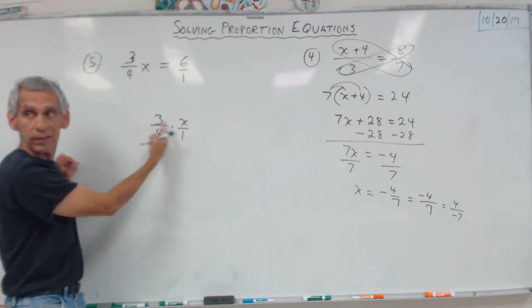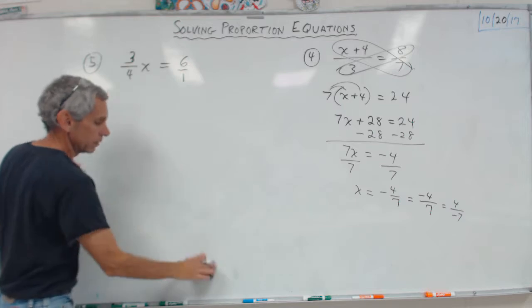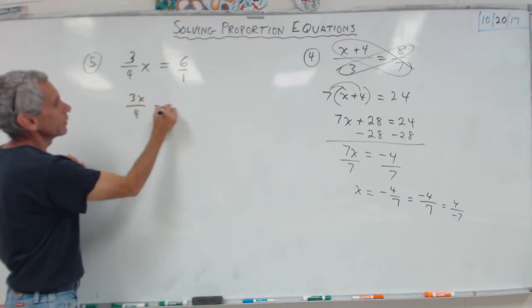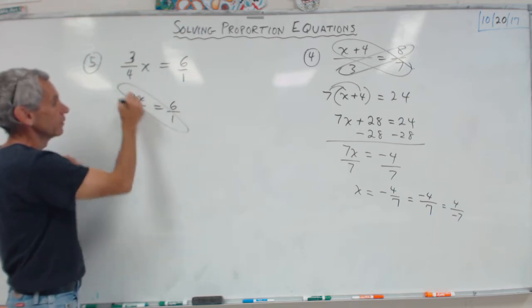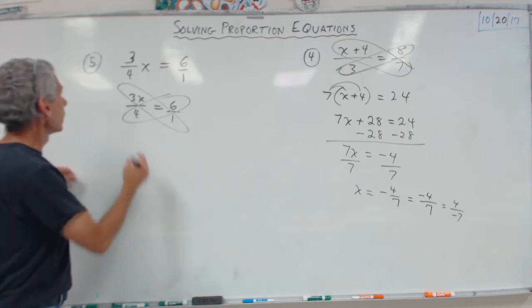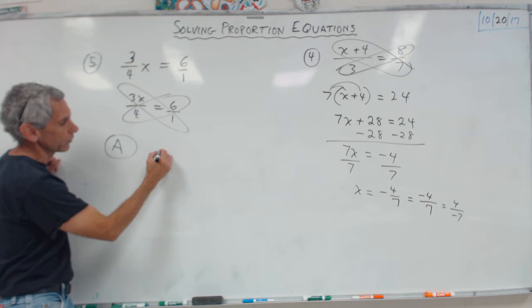Therefore, x belongs upstairs with the numerator, right? So I could immediately rewrite this as 3x over 4 equals 6 over 1, and then I have the ability to use the cross multiply if I want. All right, so now, tell me, what method would you use for this?